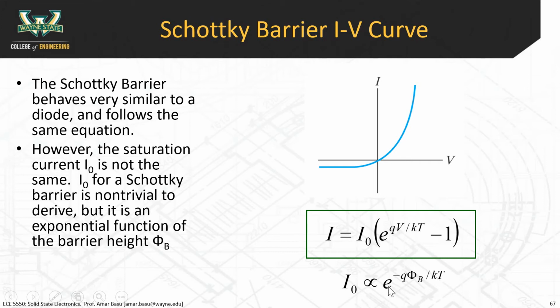I didn't give you an equation here where you can directly calculate I0. I would typically give you I0 if it were on an exam. But know that this I0 is related to the inverse exponential of the barrier height. So if the barrier height becomes smaller, then the I0 becomes larger.